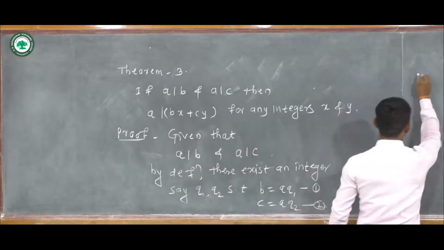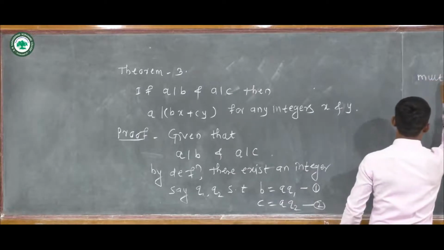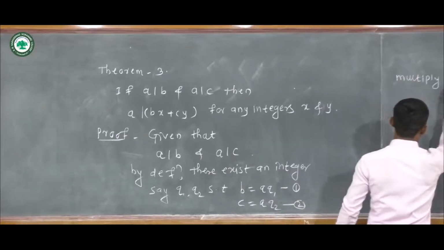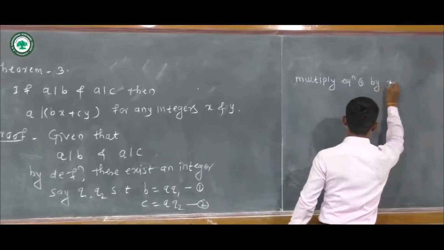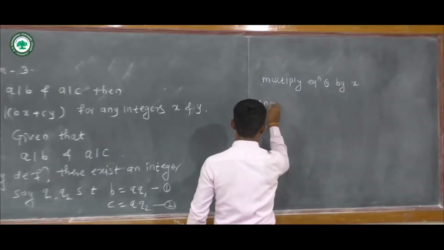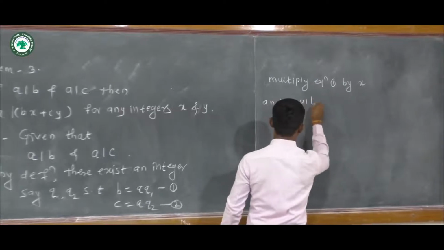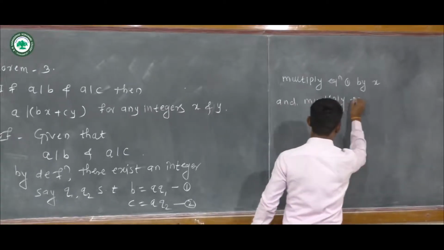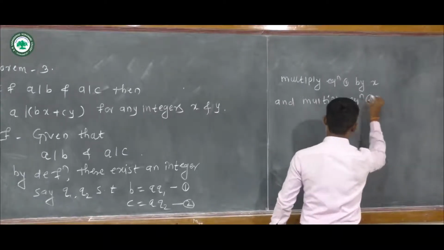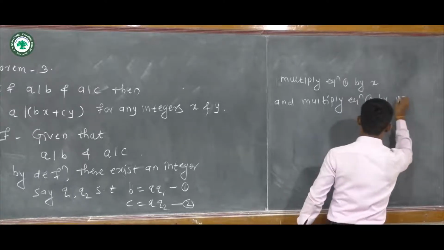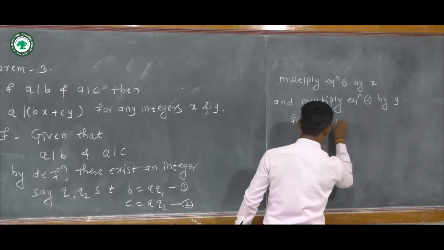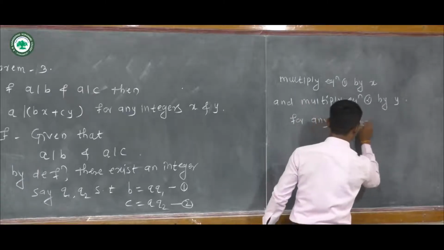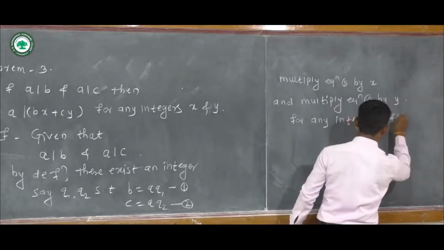Now here multiply equation 1 by x and multiply equation second by y, for any integers x and y.